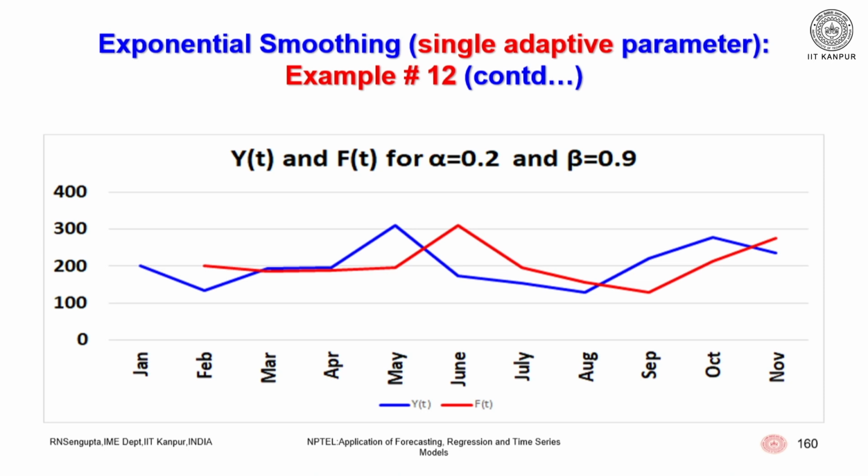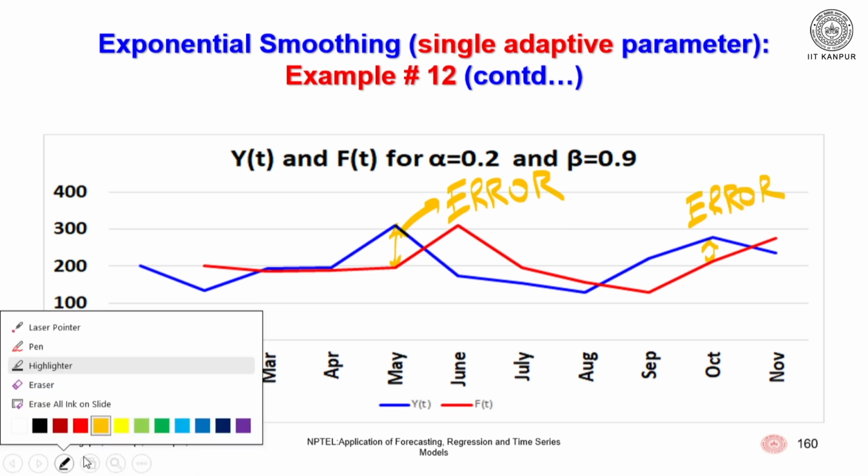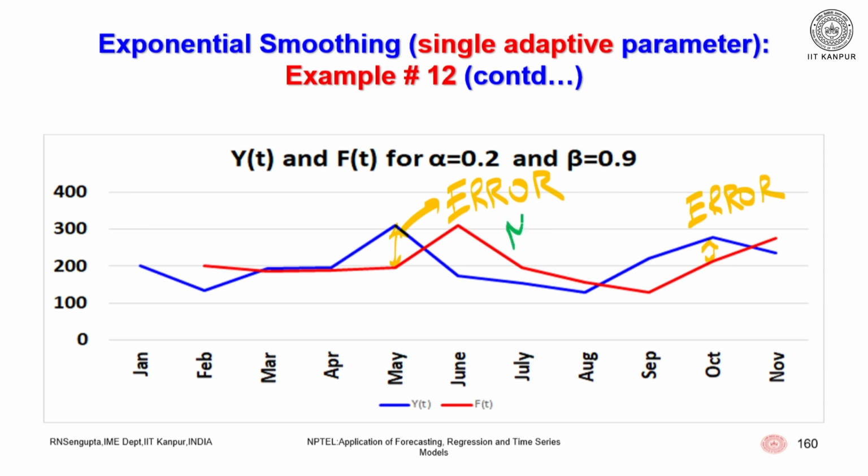I have the graph, and when I try to find out, this is the error for May, this is the error for October. So, May is here and October is here, again a different coloring scheme, so there is no confusion.